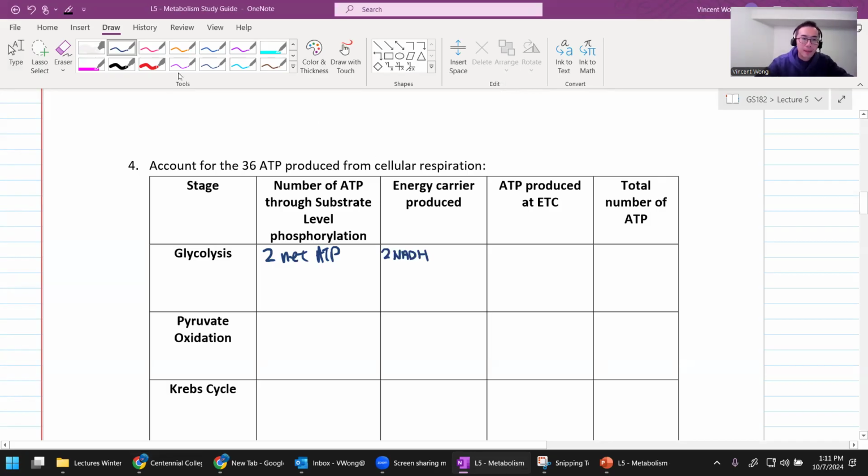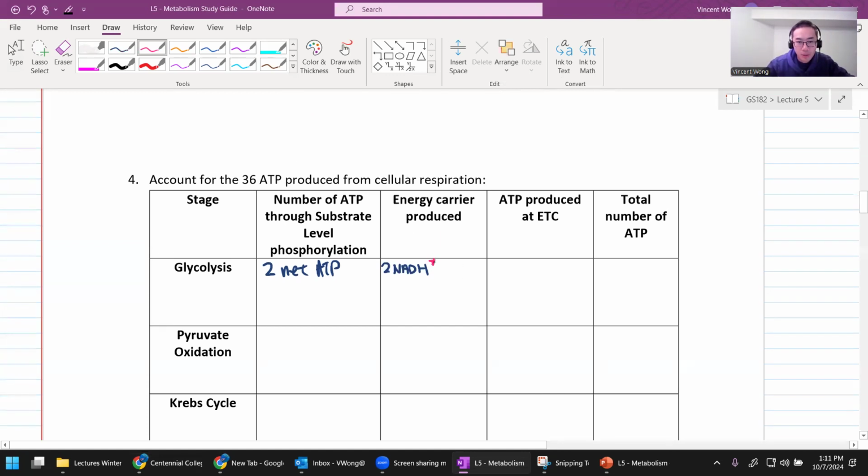All right. Now these guys are a little bit problematic, okay? I'm just gonna make a note here for you. The NADH produced in the cytoplasm, which is where glycolysis takes place, right?